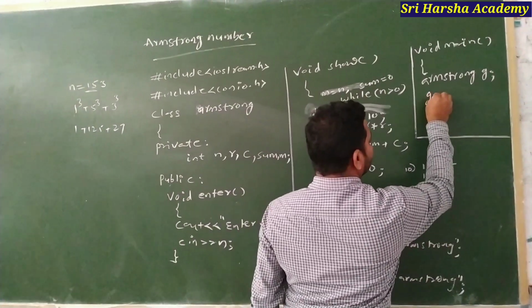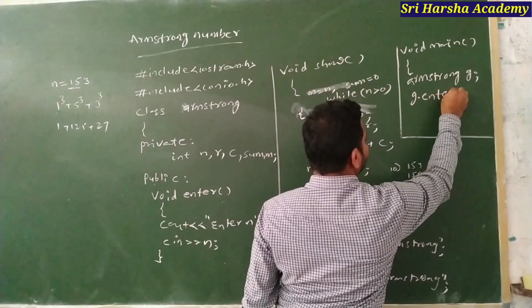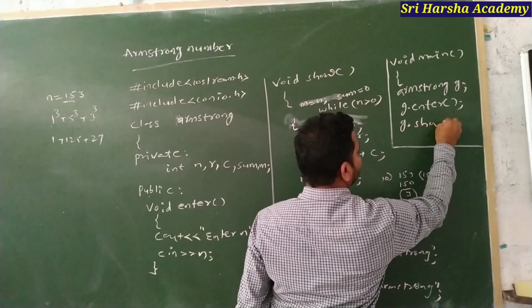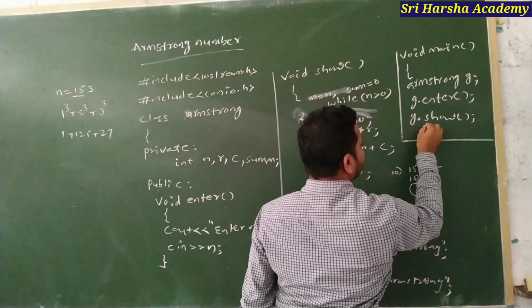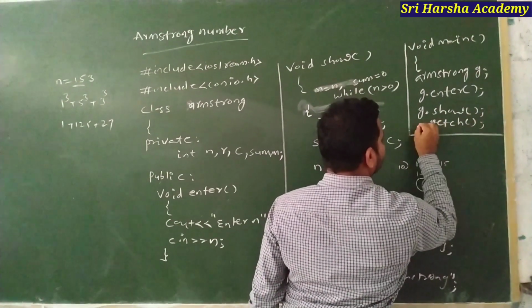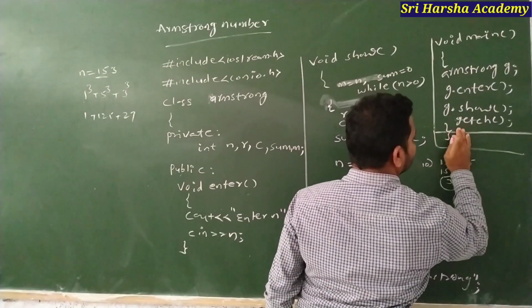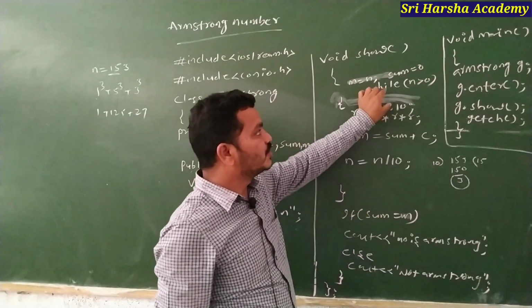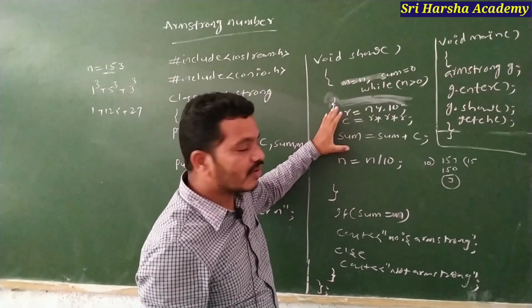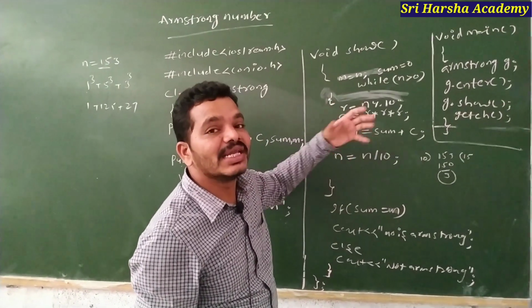So g dot enter, then g dot show method, getch function, then finally close.